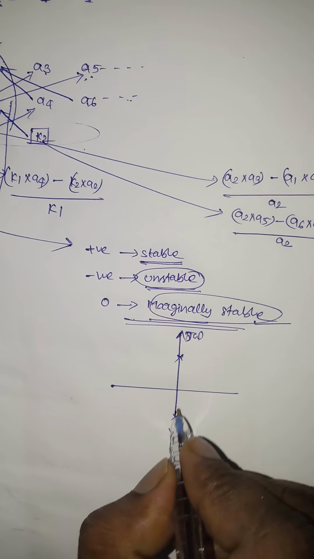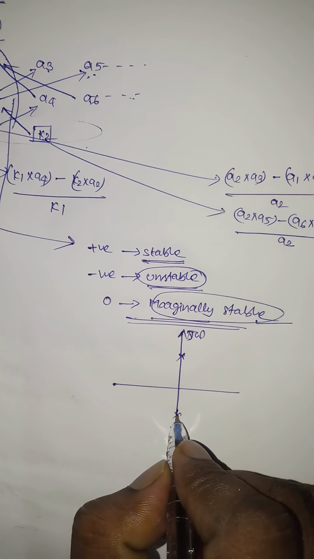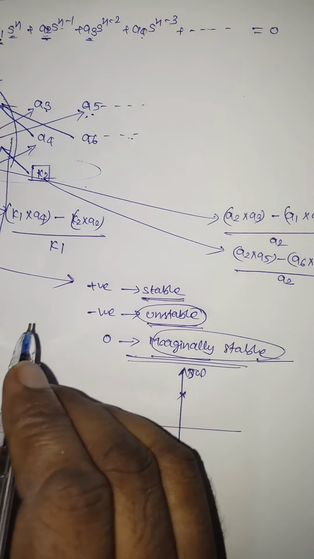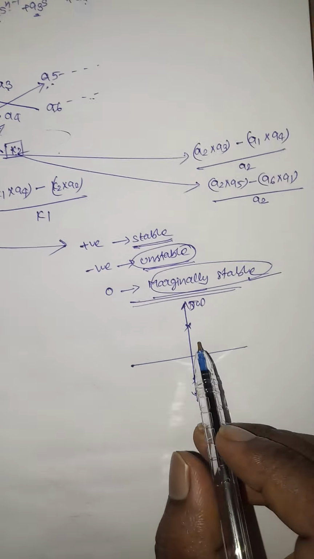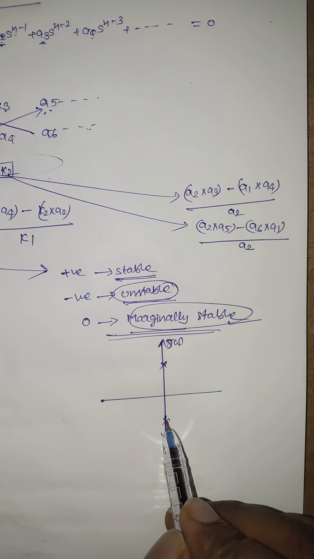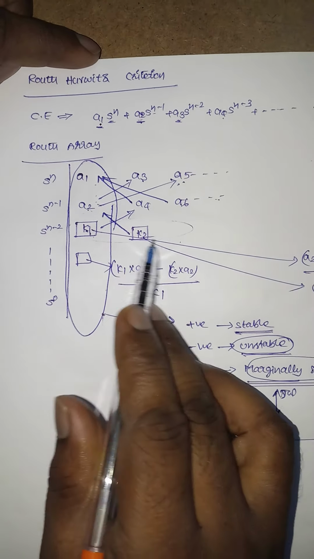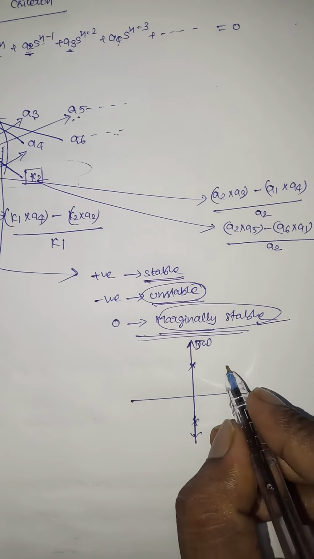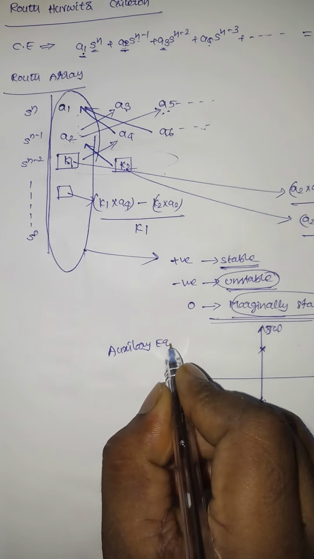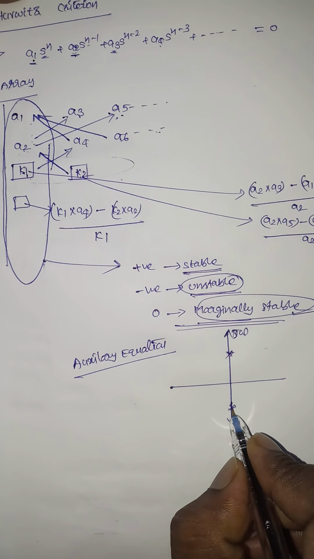How many poles are located on the imaginary axis, and their location, can also be found out from this Routh array, from the auxiliary equation. We can find the location of the imaginary poles.